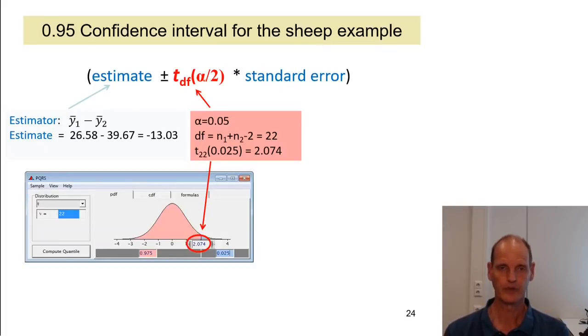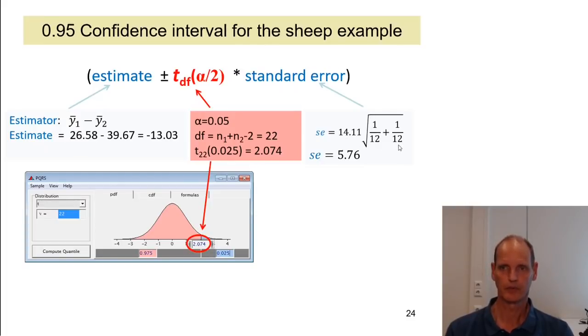If we use PQRS, for 22 degrees of freedom and 0.025, we get 2.074, which is given here. The standard error was SP times the square root of 1 over 12 plus 1 over 12. SP is 14.11, and if we do the calculations on our calculator, we get 5.76.